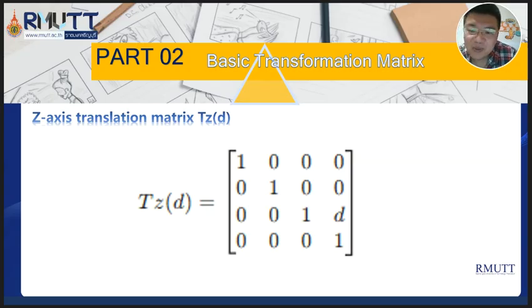This is easy to understand. Only the Z dimension changes by D, and the other dimensions remain unchanged.